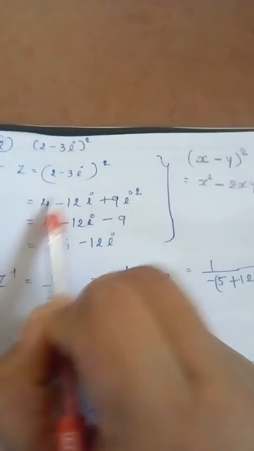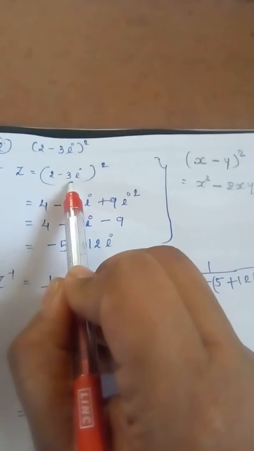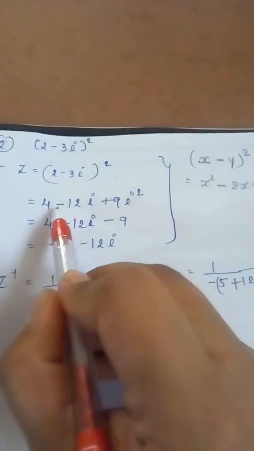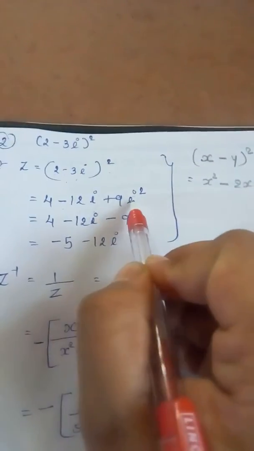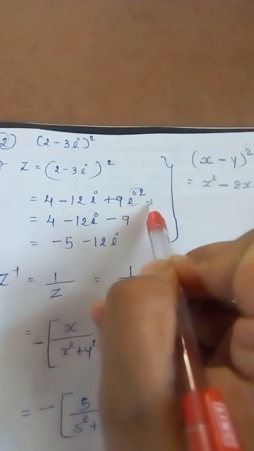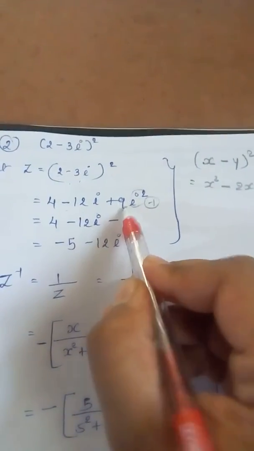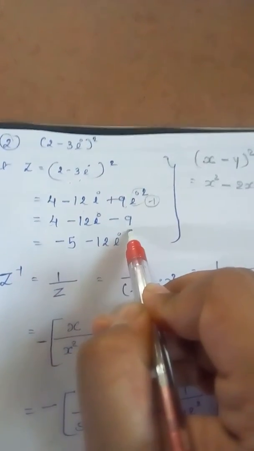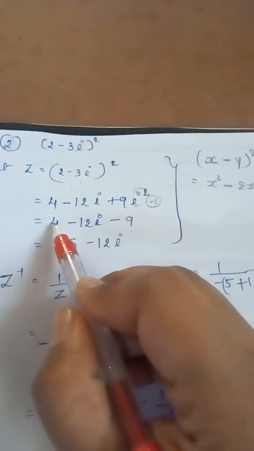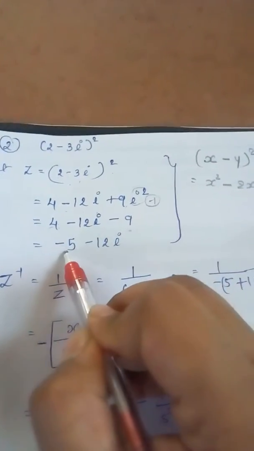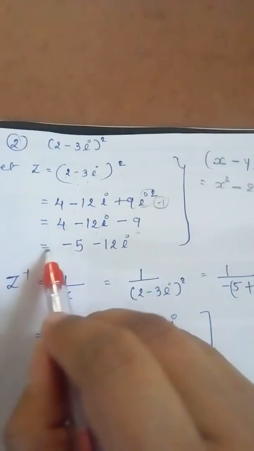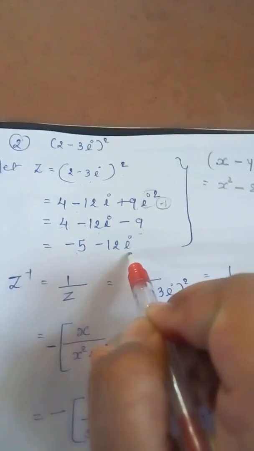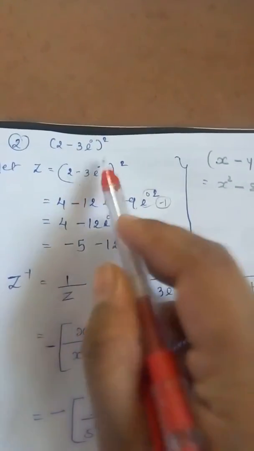In the same way, 2 square is 4, 2 into 2 into 3 is 12i, minus, plus 3 square is 9, and i square is replaced with minus 1. So 9 becomes minus 9 and is added to the real part, which is plus 4. Plus 4 and minus 9 result in minus 5, and this is the minus 12i. So now z becomes minus 5 minus 12i rather than 2 minus 3i whole square.